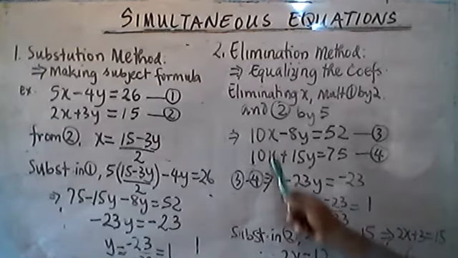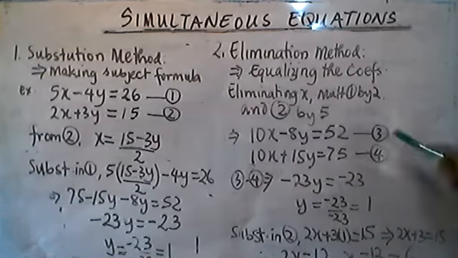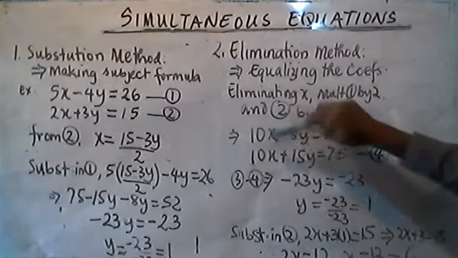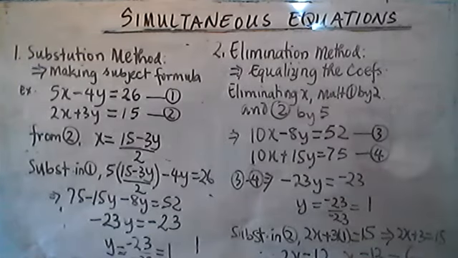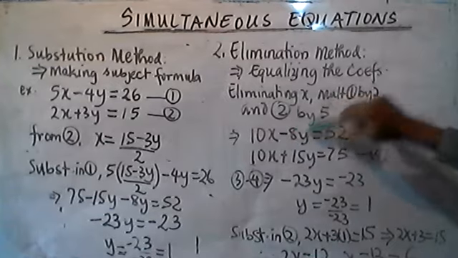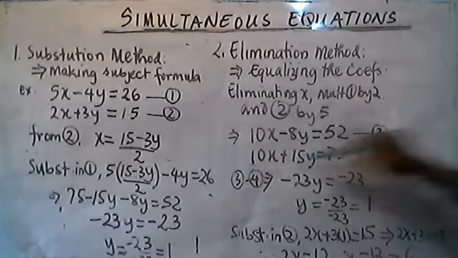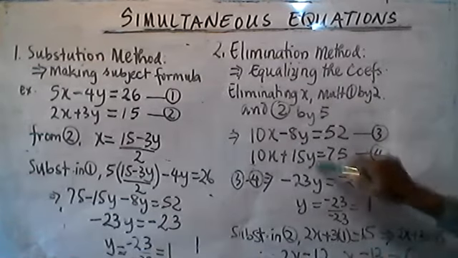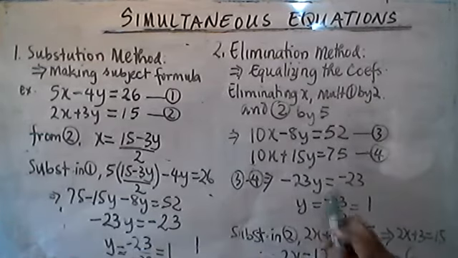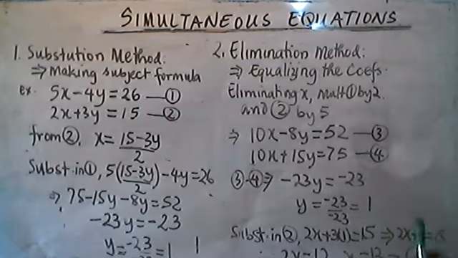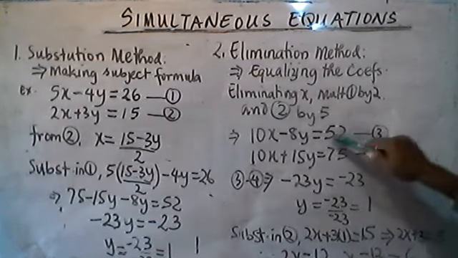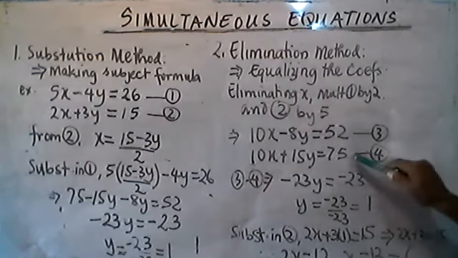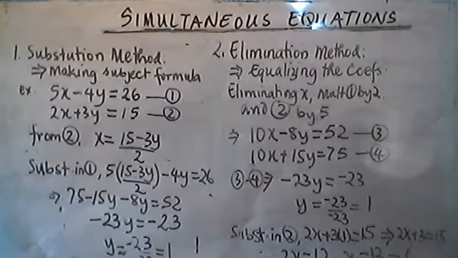Now, how do we eliminate it? We use subtraction. So we now say equation 3 minus equation 4. When we do that, 10x minus 10x is 0. That means we have eliminated x. x has disappeared. Now, minus 8y minus the minus 15y becomes minus 7y, equals 52 minus 75, minus 23.